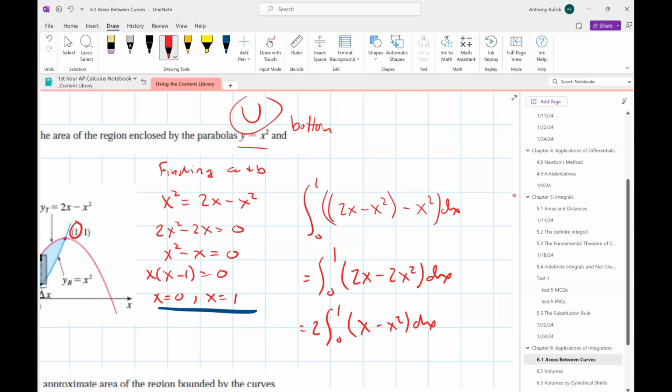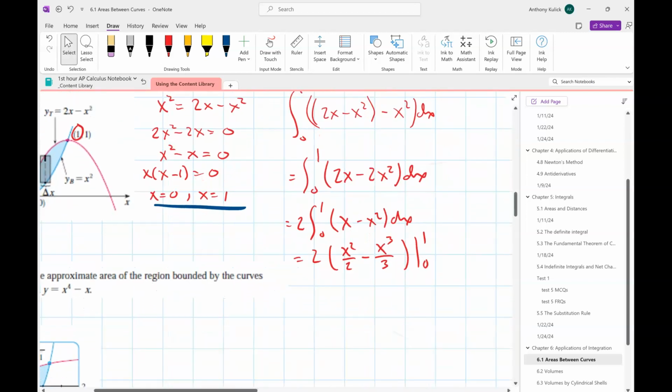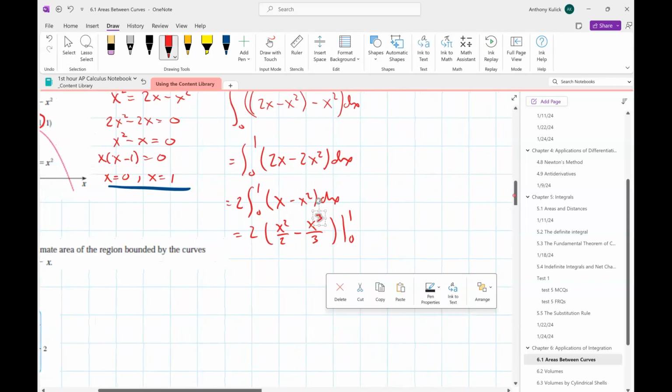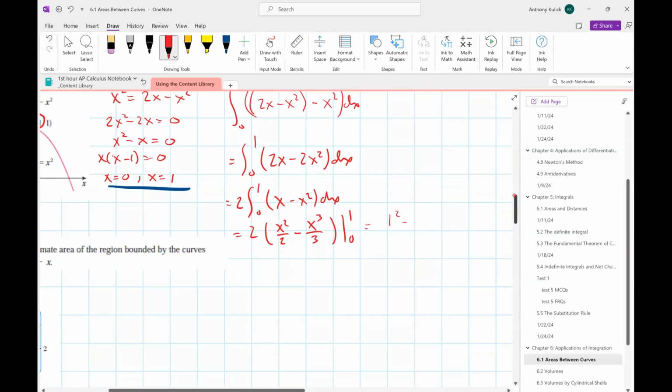And now I'm going to do my antiderivatives. Antiderivative of x is? Antiderivative of x squared is? Okay, and then we go from 0 to 1. So I'm going to have 1 squared minus 1 cubed.